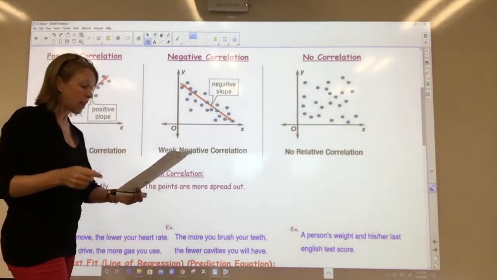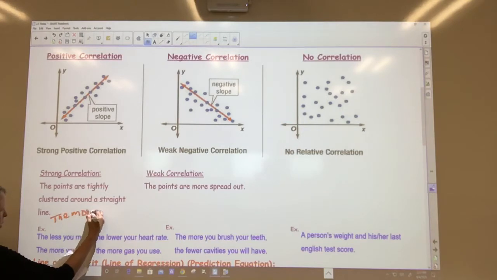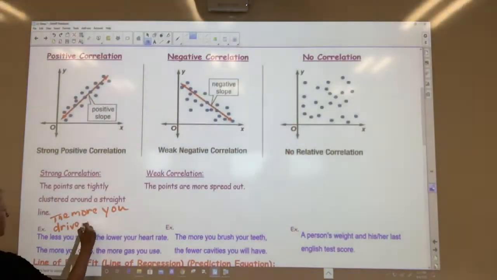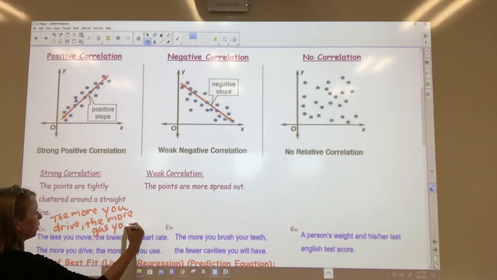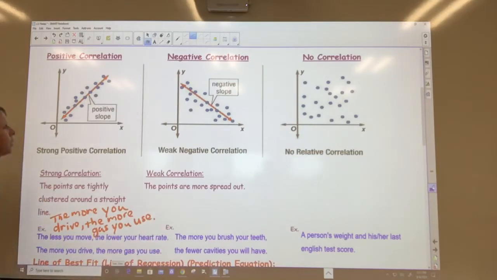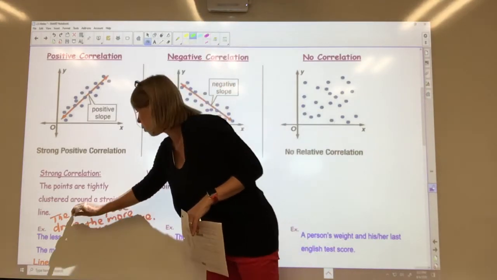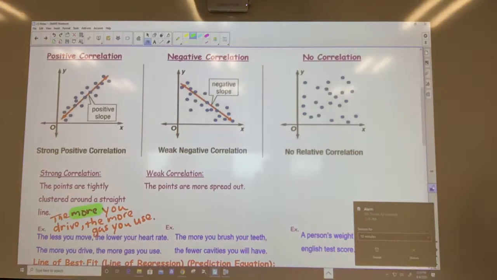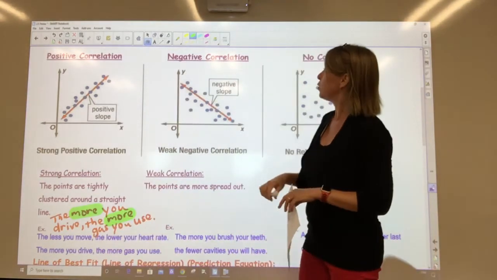Let's say you were given the statement, and we'll just write this here: the more you drive, the more gas you use. In that statement, you'll notice a few key words: more, which means as something is increasing, and then also the word more again as something is increasing. So the more you drive, the more gasoline you use.